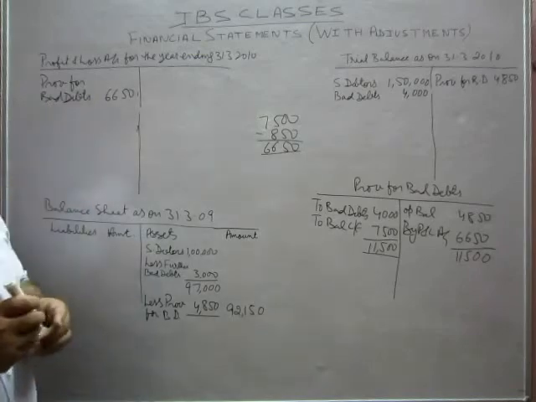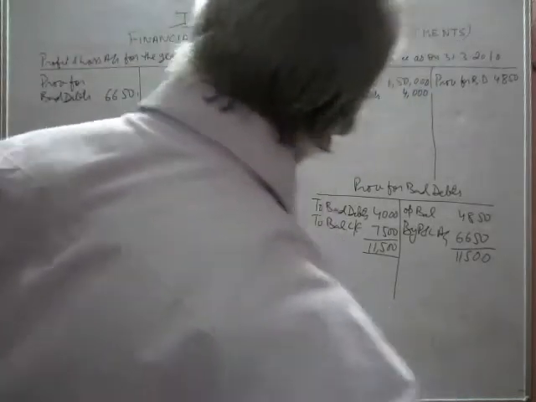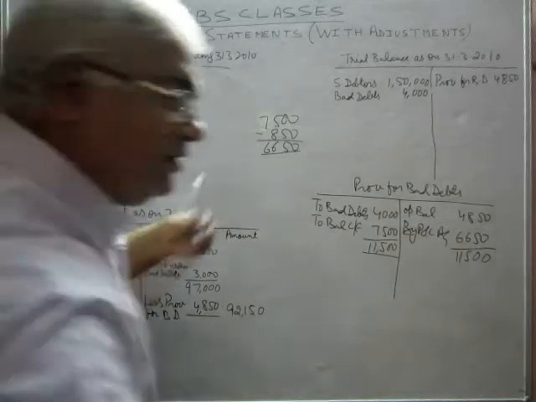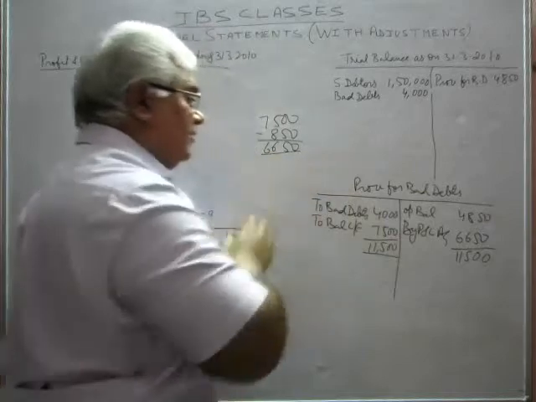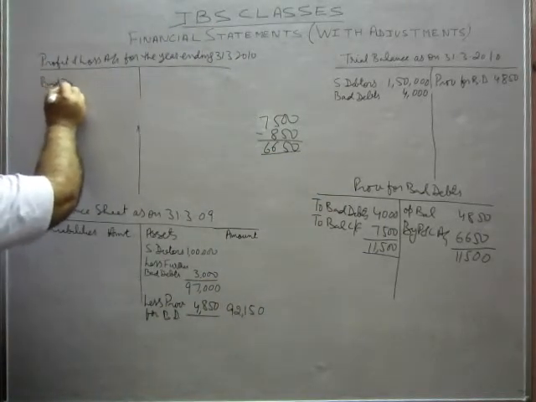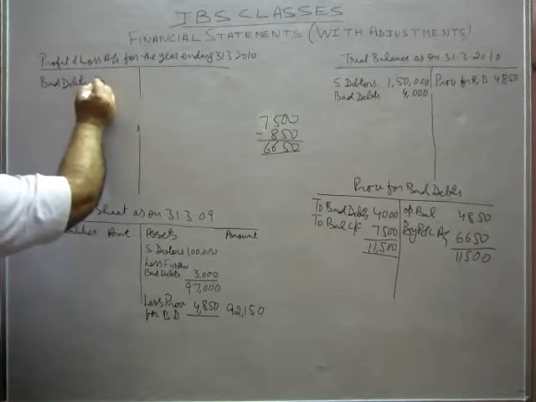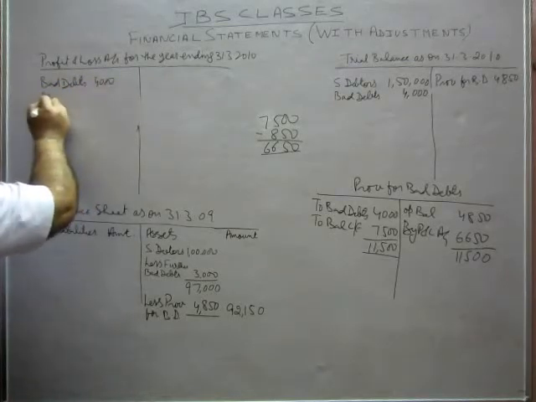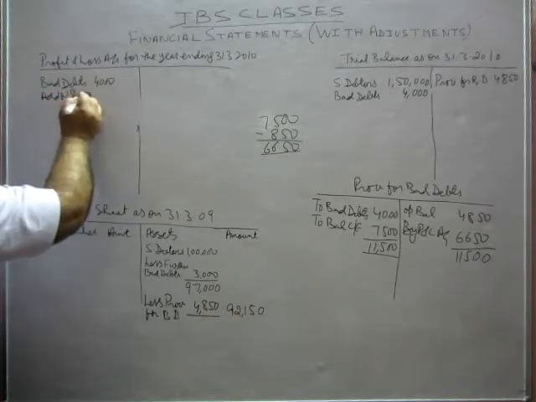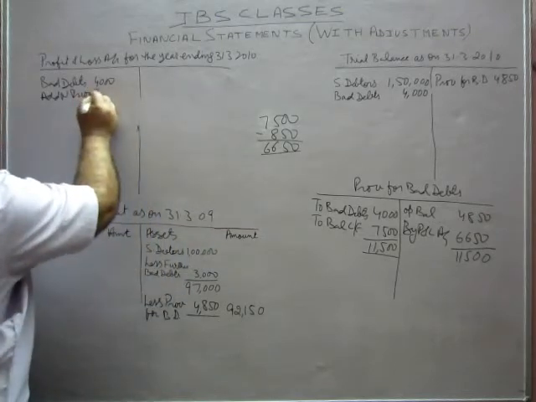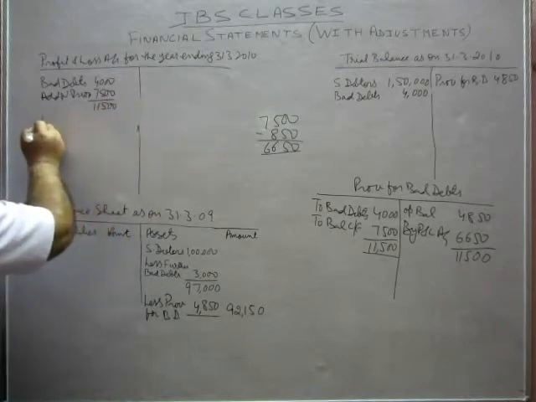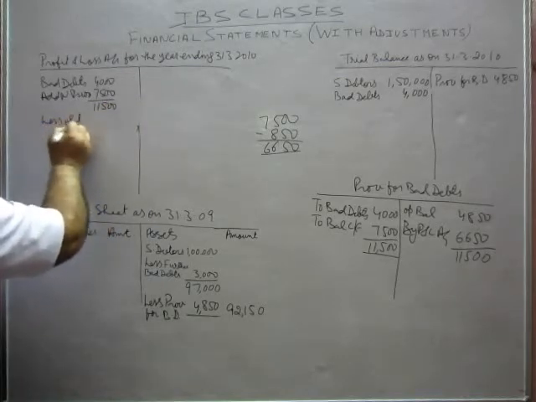The other way of presenting this is that you show the whole thing. So it will be shown like this. Bad debts 4,000, add new provision 7,500, less old provision.